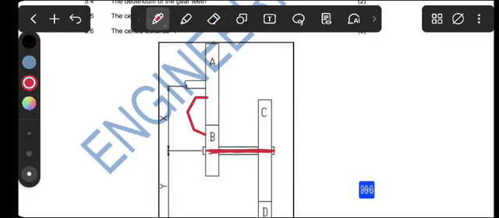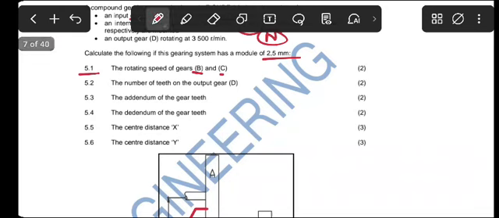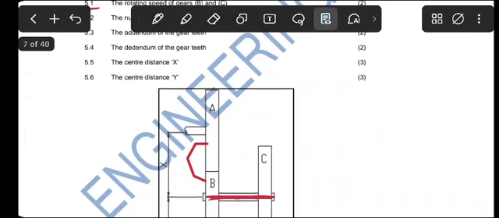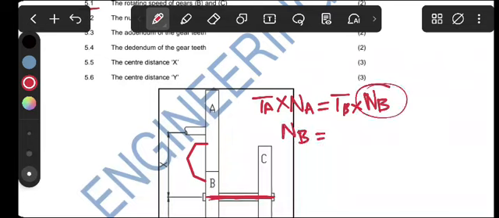We know that TA multiplied by the speed of A must be equal to the teeth of B multiplied by the speed of B. We're looking for the speed of B, so we make the speed of B the subject. We'll have TA multiplied by NA divided by TB.